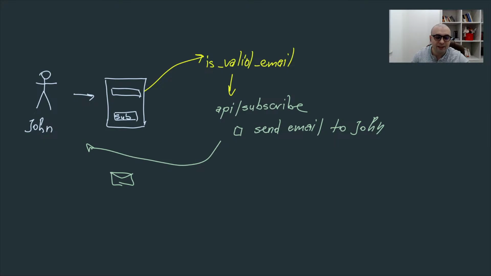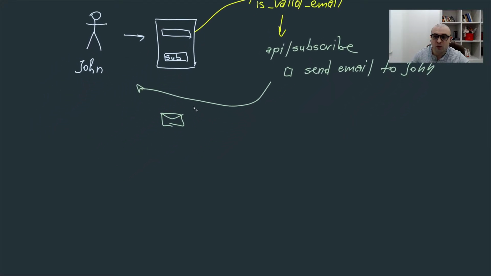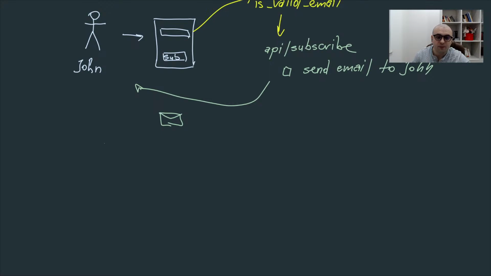John will open the email. In the email, we need to generate a URL. When he clicks back on that URL, we'll need to mark in the database that this email is confirmed.